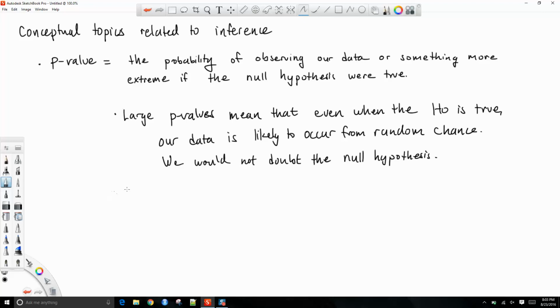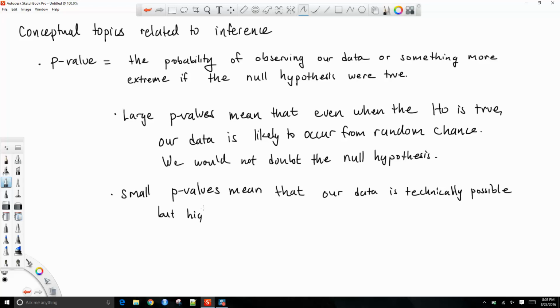Okay, and a small p-value, on the other hand, means that our data is technically possible, but highly improbable to be observed if the null hypothesis were true.